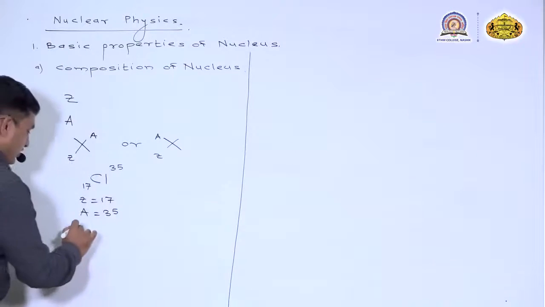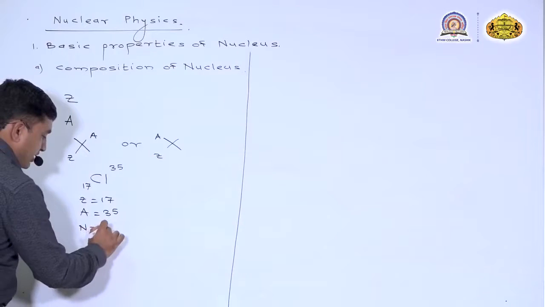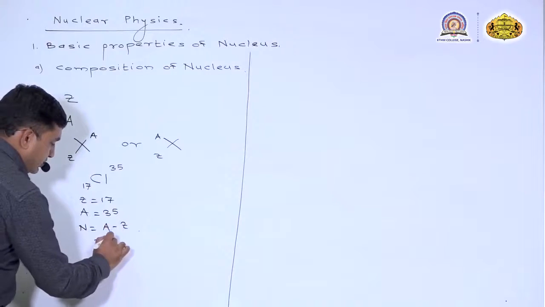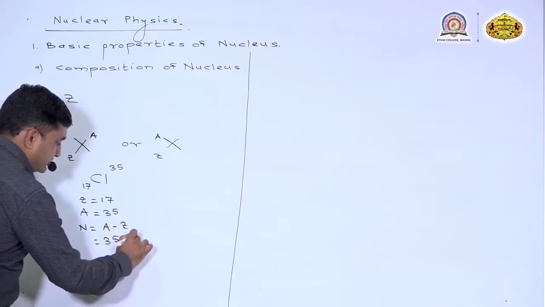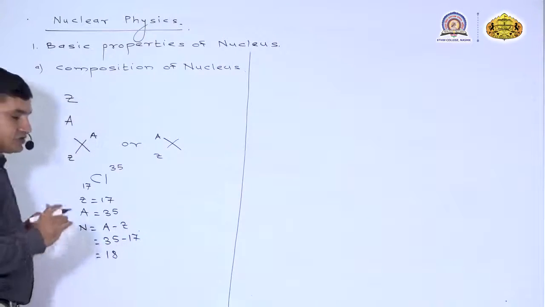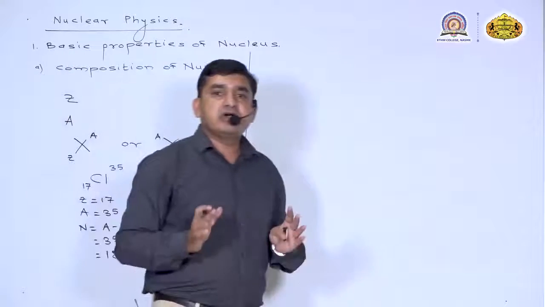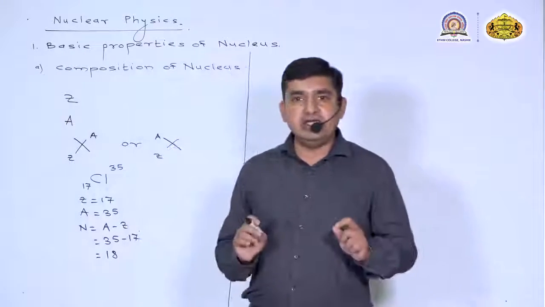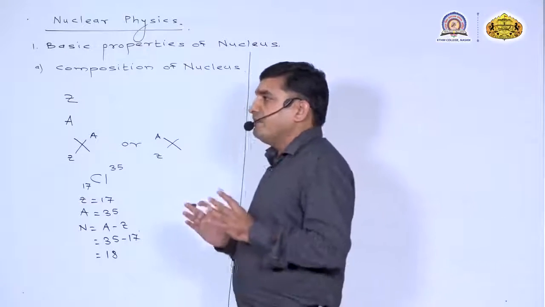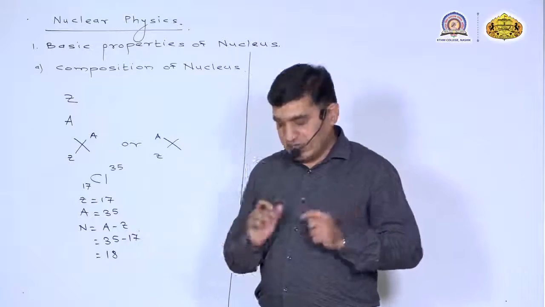The number of neutrons N is equal to A minus Z, so it is equal to 35 minus 17, which is 18. So the chlorine atom consists of 18 neutrons which are present in a nucleus.